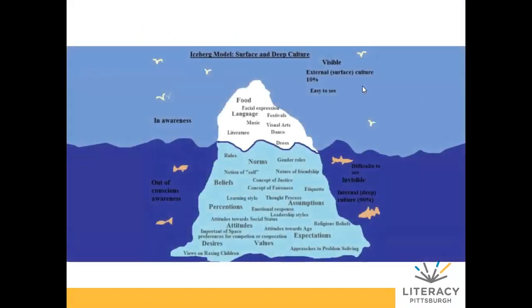Okay. So I'm sure many of you are familiar with this notion of the iceberg model. This was coined by Edward T. Hall, who was an anthropologist, in the 1970s. It gets at the idea that only a small portion of what we call culture is actually visible. And this is surface culture.